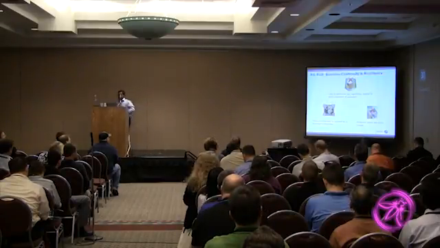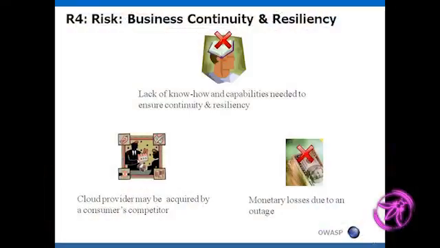So the fourth one is business continuity and resilience. If an application is business critical and revenue impacting, and the cloud consumer migrates the application into the cloud, then what are the implications if the data centers of the cloud provider are impacted by either terrorist activity, man-made or natural disasters, right?